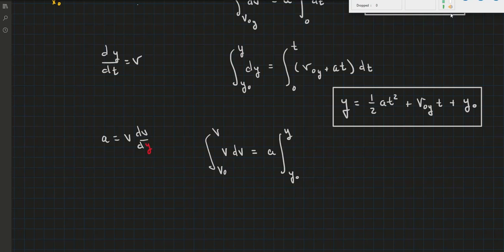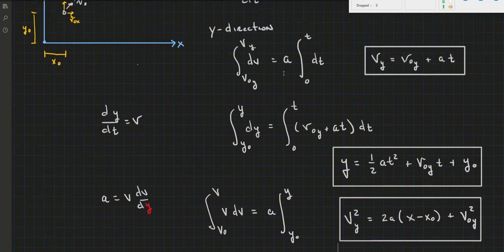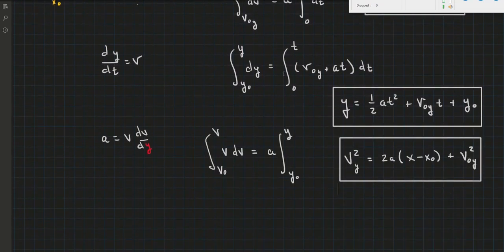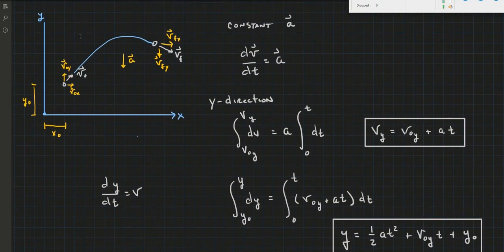So we'll integrate from the initial velocity to final velocity, and from our initial value of y to our final value y. And this will result in this relationship, and none of these should surprise anyone. So those are the kinematics of our behavior in the y direction.